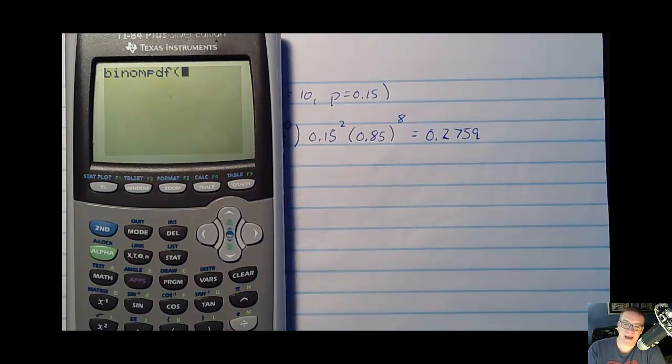But what I do is I put in my n, comma, p, comma, and then the number of successes. So my n in this problem is 10. My probability of a success is 0.15, and I was looking for the probability of exactly 2 successes, so that's going to be 2. And I see that I get my probability there.